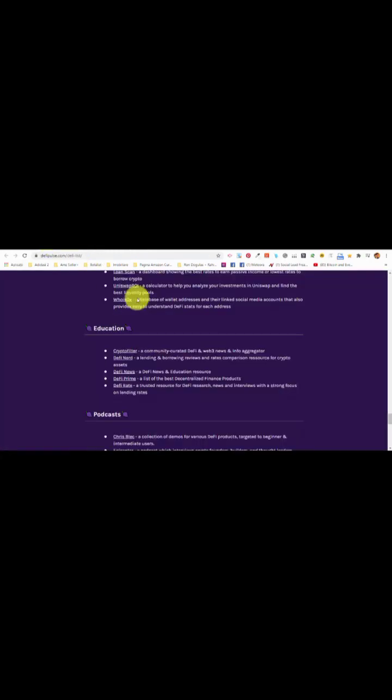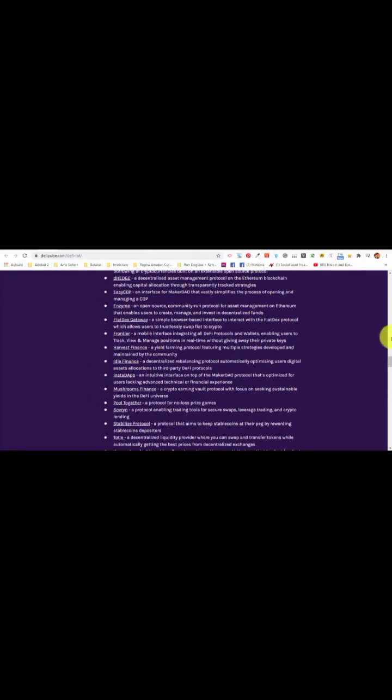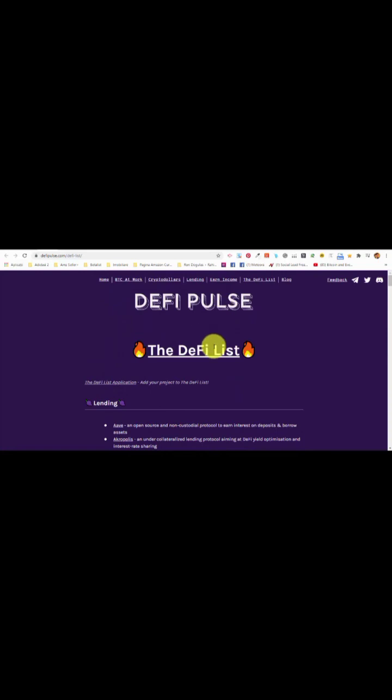So just have a look at these decentralized finance projects. Again, we don't know everything about this as well. They are a higher risk. This is new technology. Probably some of them will still exist in the future, others, who knows.